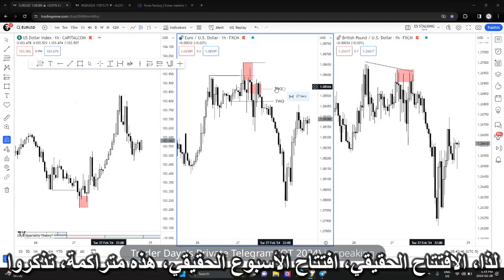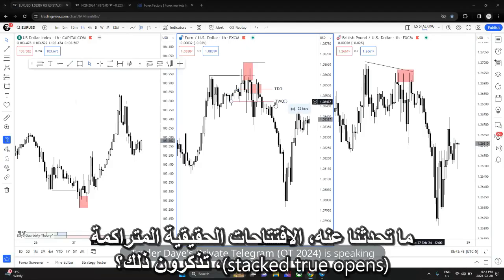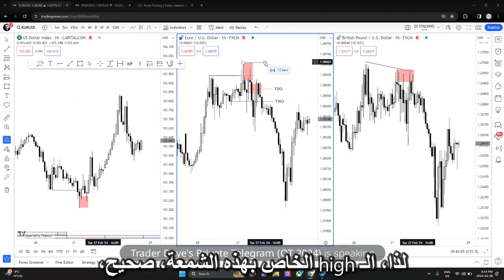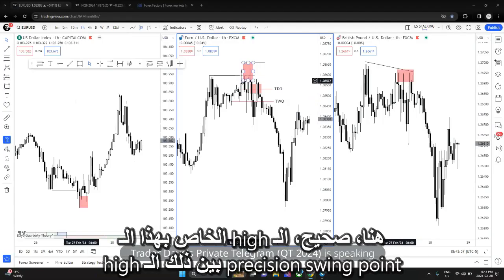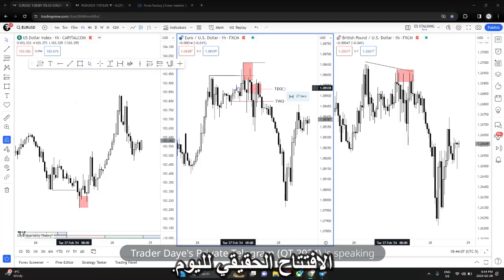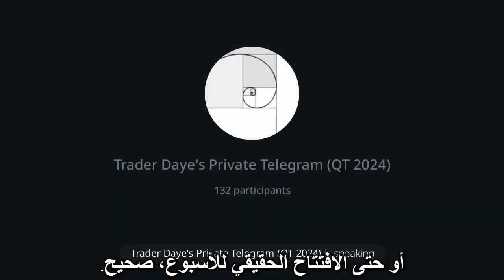So true open, true week open. These are stacked. Remember what we talked about, stacked true opens? Remember that? Yes. So the high of this candle right here, the high of this precision swing point, between that high and the true day open, or even the true week open, right?